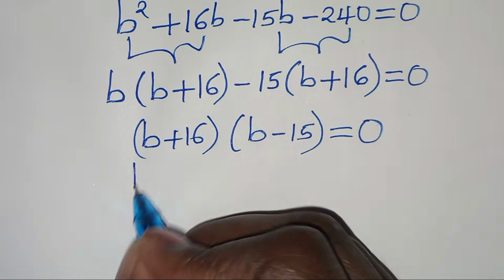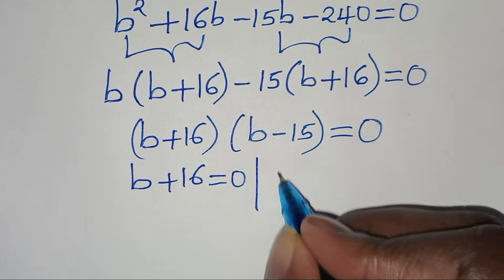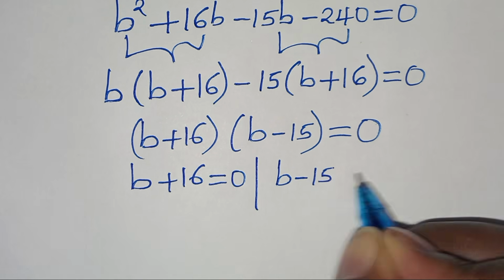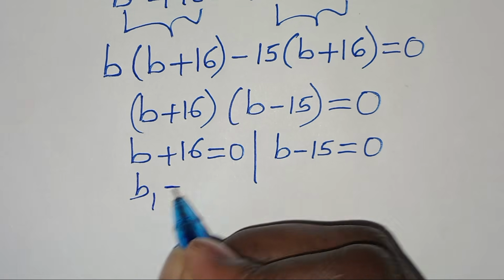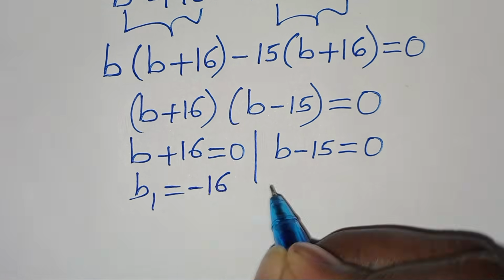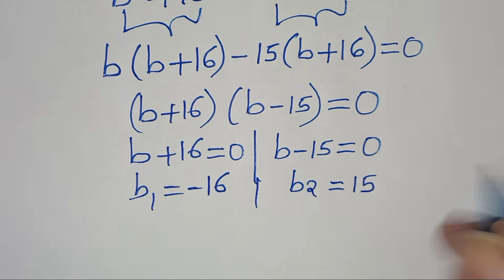Now we have b plus 16 equal to 0, and we have b minus 15 equal to 0. So this means that b1 is equal to minus 16, and we have b2 is equal to 15.